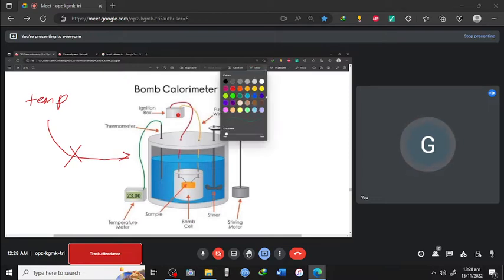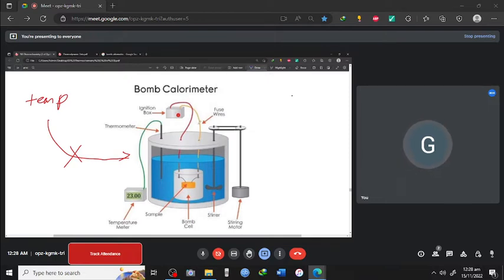So, bakit hindi siya makakapag-interfere? It's because adiabatic yung wall natin. And pag sinabi nating adiabatic yung wall natin, kino-consider natin yung system natin as an isolated system.